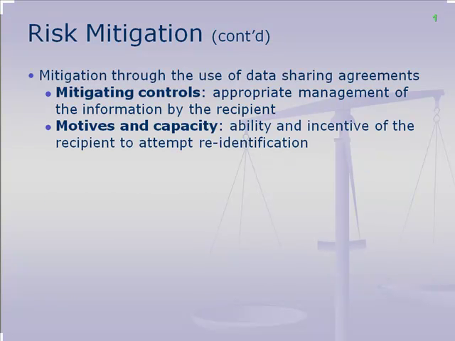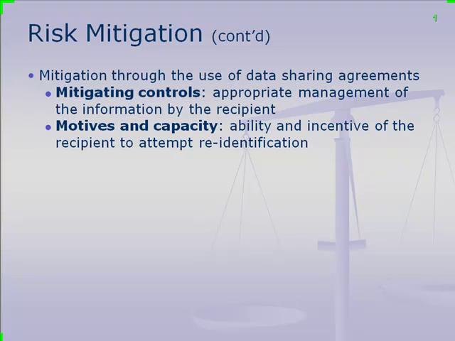And something else that we may look at through the data sharing agreement, with respect to what we're going to put in there, is the motives and capacity, or the ability and the incentive of the recipient to attempt to re-identify. So remember, this really relates to one of the factors that we looked at from the Article 29 Working Party in the UK: the ability and the incentive to attempt re-identification.